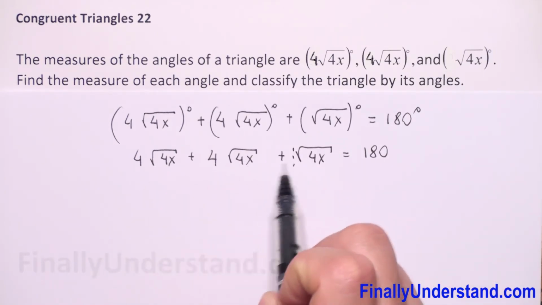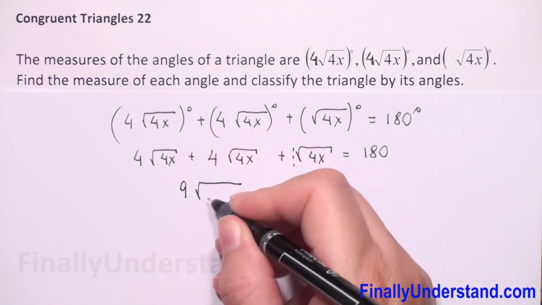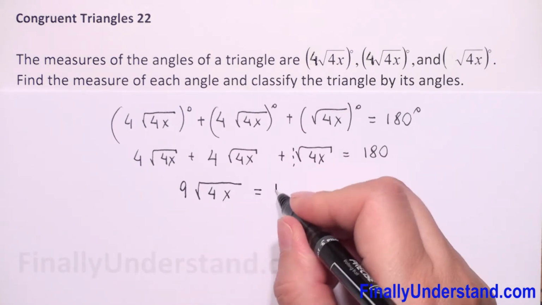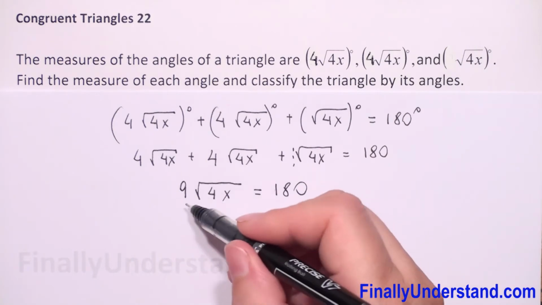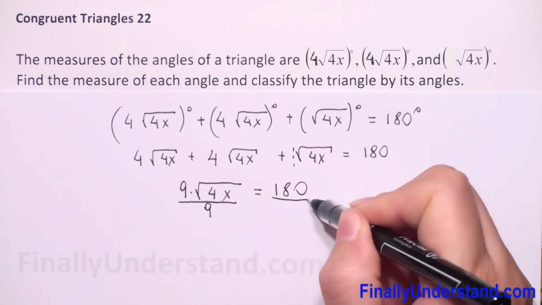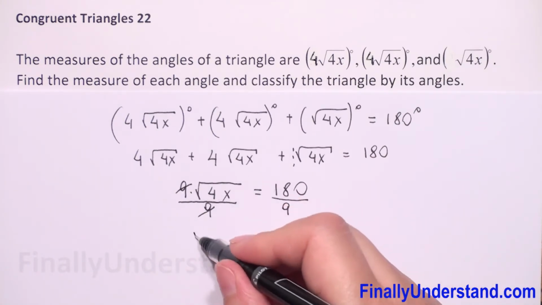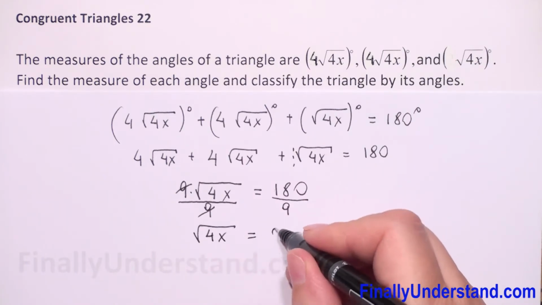So we have 9 times square root of 4x is equal to 180. Next, I will divide both sides by 9 because we have multiplication here. So 9 and 9 you can reduce, and we have that square root of 4x is equal to 20.